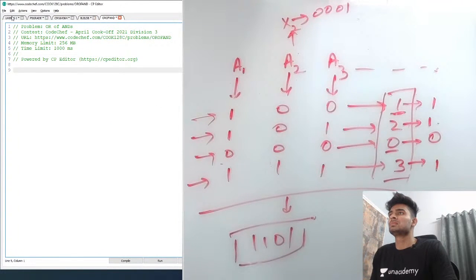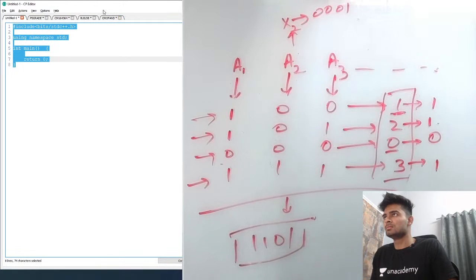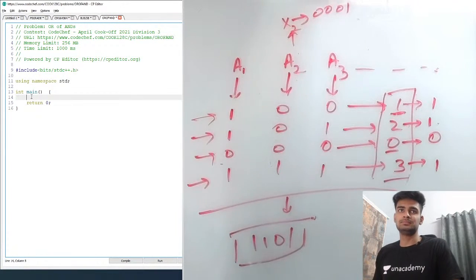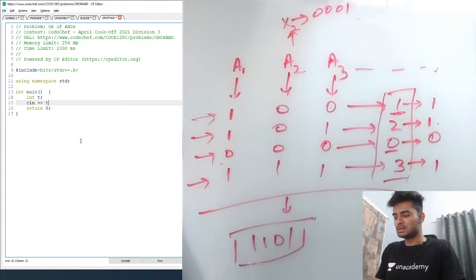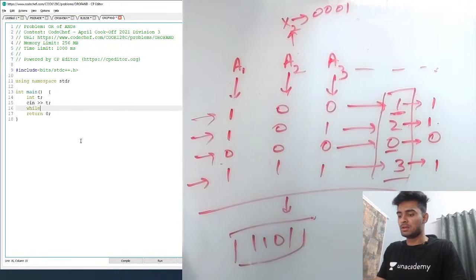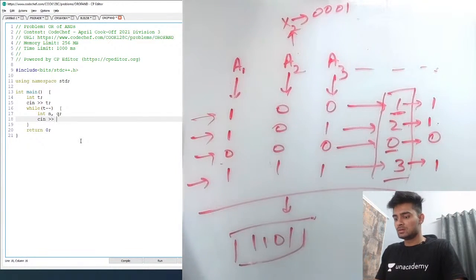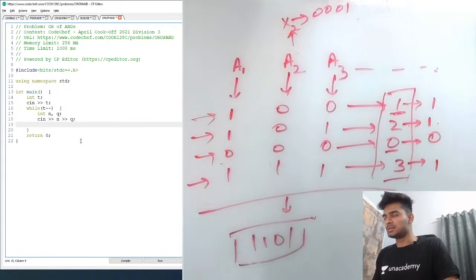Let's start. So do we have T number of queries? Yes, we have T test cases. Then for every test case, we have N and Q. So we scan these values as well.